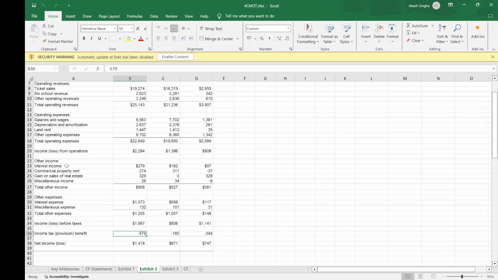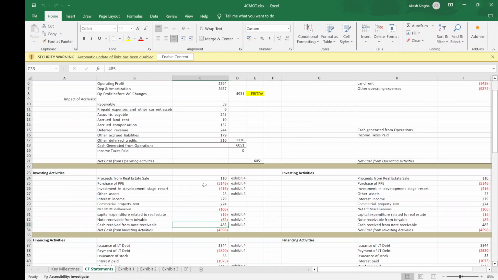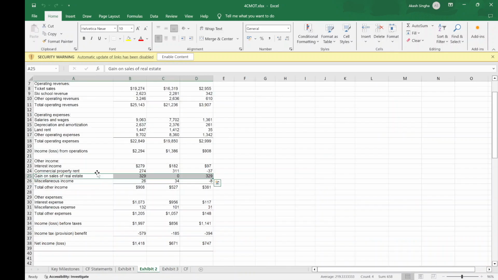If you go to the other income, interest income and commercial property income and miscellaneous income, you have to add first these two. You cannot add this one because we have already considered it inside the proceeds of sale of equipment, purchase of PP&E. So other than that, the other income like commercial property rent and interest income, you can add it here.